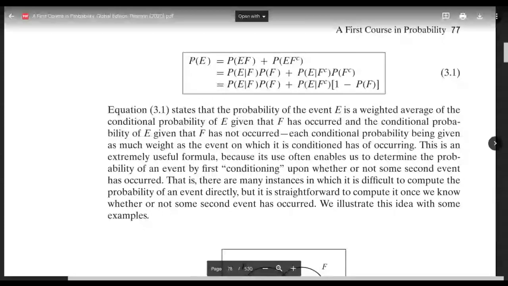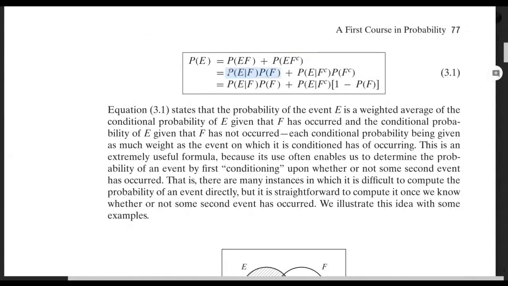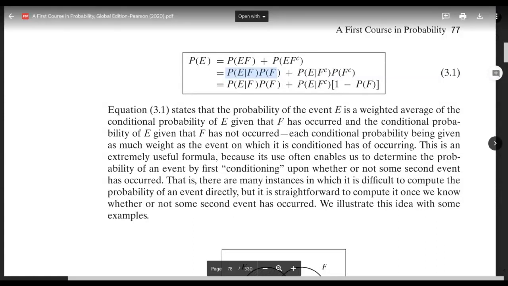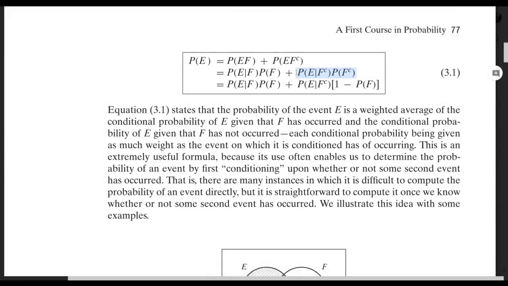Then we can write the probability of E like this. That's the probability of the intersection of E and F plus the probability of the intersection of E and the complement of F. Then we use the conditional probability formula. So we get this. Then we can use the complement.